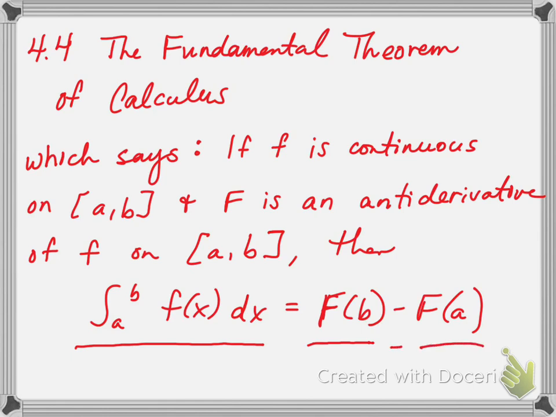So in other words, we can find the area of the curve now very fast by integrating f of x and then plugging in b's value into that integral minus a's value plugged into that integral.